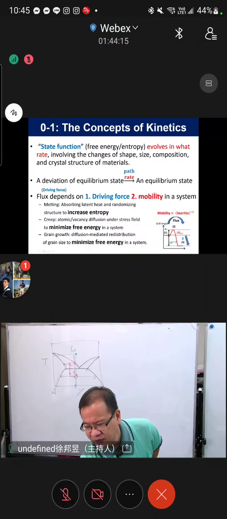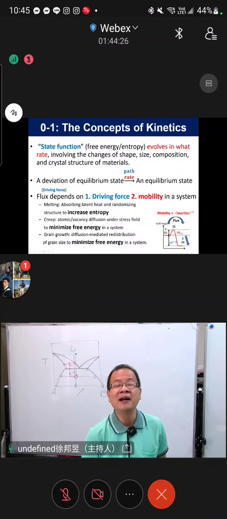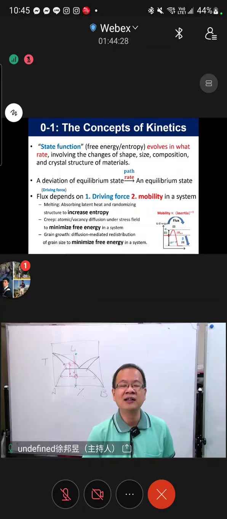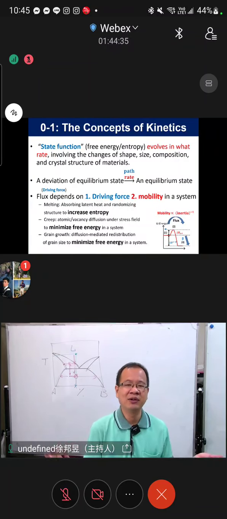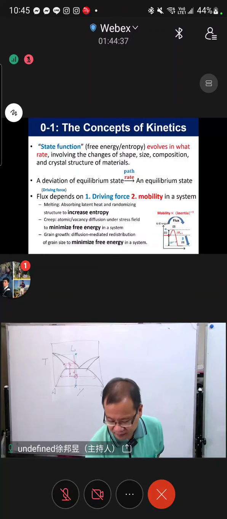We call that diffusivity or mobility of atoms. After the system optimizes its structure by minimizing the free energy, they reach another new equilibrium. So again, nothing moves. That's the whole kinetic process.